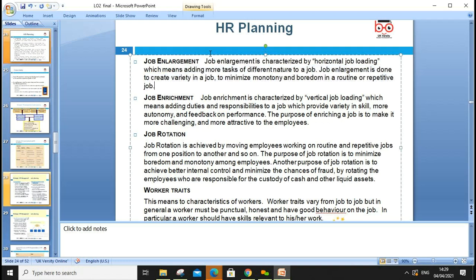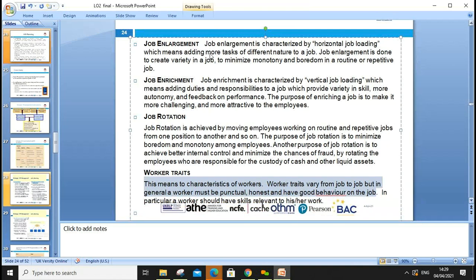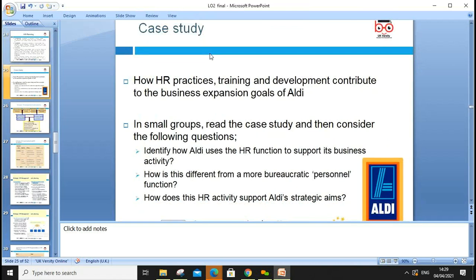That can be enlargement and enrichment. Enrichment is vertical job loading, and enlargement is horizontal job loading. Job rotation is moving from one department to another. For worker traits, we need to plan what sort of trait behavior is required at work. That is a crucial behavior management side as well. We need HR planning.